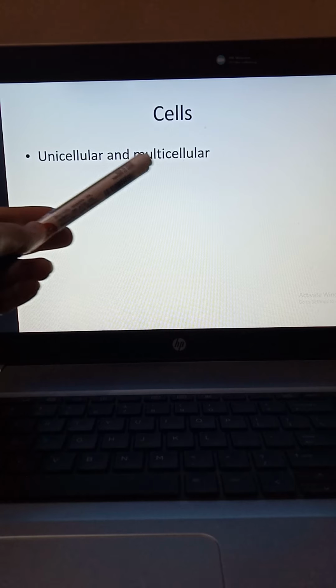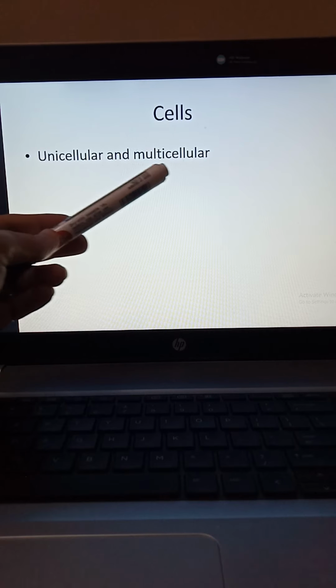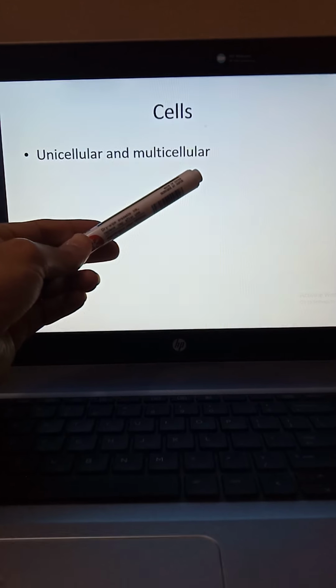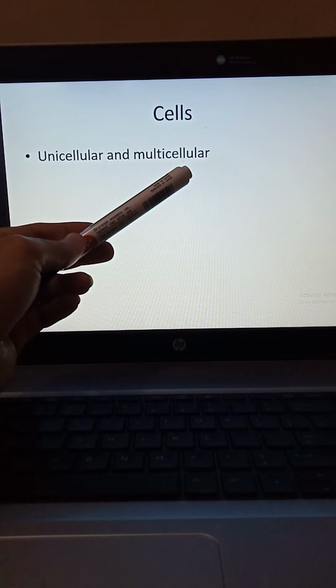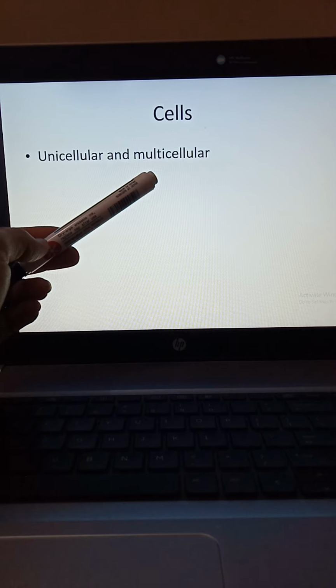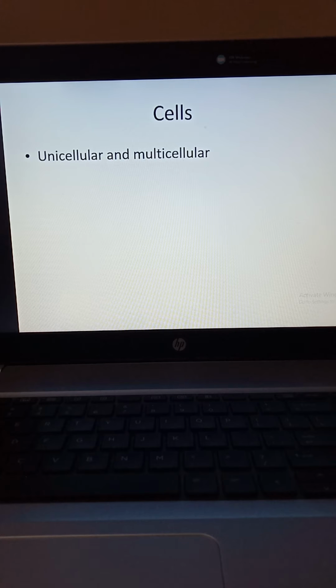Well, as the name is indicating, uni means single and cellular means single-celled organism ultimately, and multi means many, cellular means having cells. So those organisms who have more than one cell, who are not unicellular, they are multicellular. You can very easily draw a unicellular as well as a multicellular.